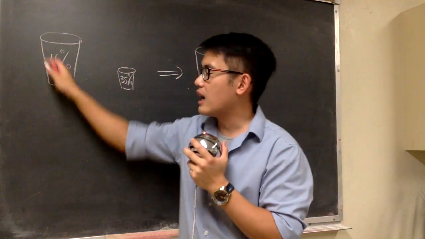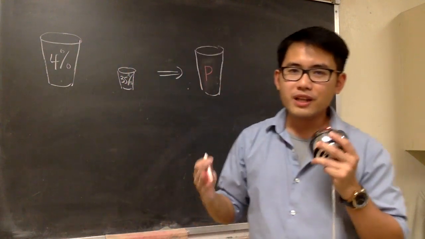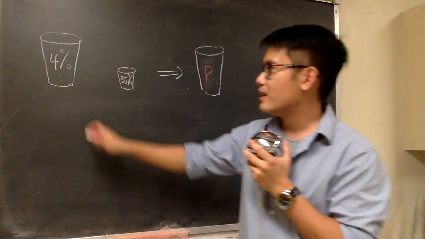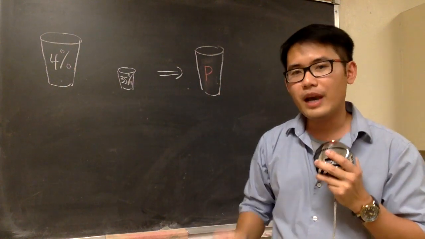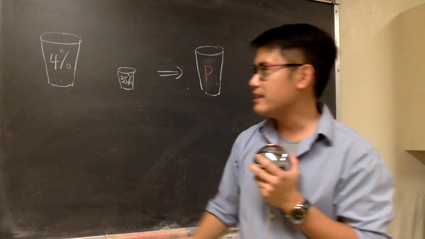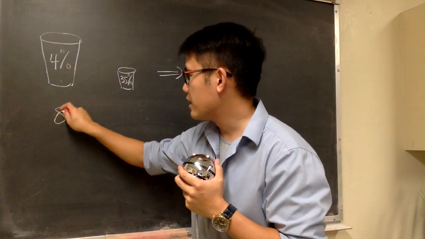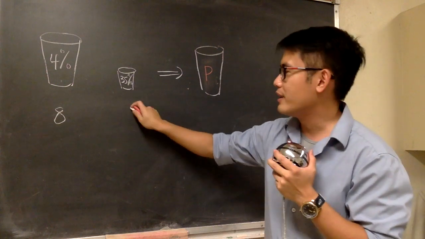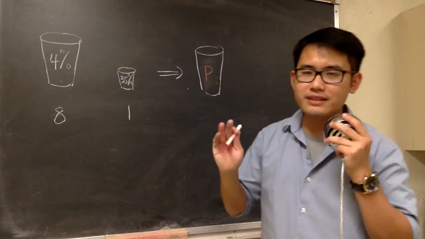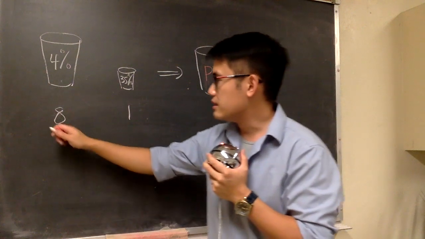Let's look back to our cocktail. Do we know the amount of cocktail that we're getting? This is 4%, that's the alcohol concentration, and we know it is 8 ounces, right? So right here, let me put down 8. And how about for the vodka? We have 1 ounce, right? Now let's think about this carefully. This is 8 ounces.